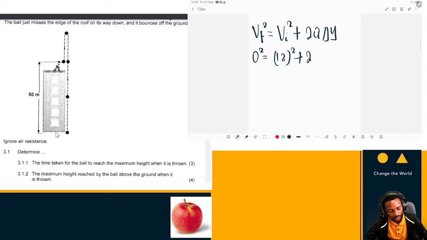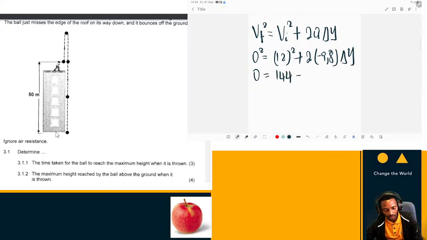Then our acceleration is minus 9.8. So 0 squared is 0, 12 squared is 144. 9.8 times 2 should be minus 19.6 delta y. So if we take 144 to the other side of the equation, it will be negative.